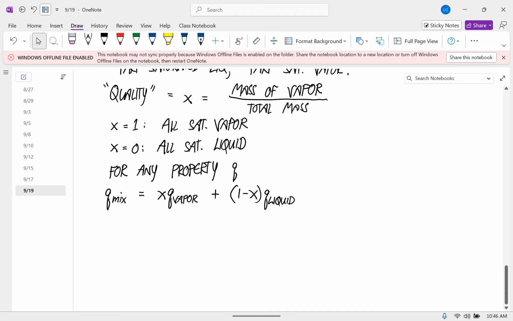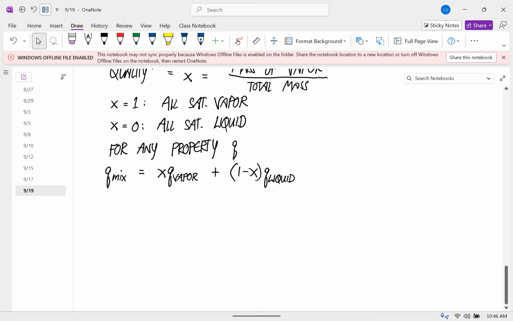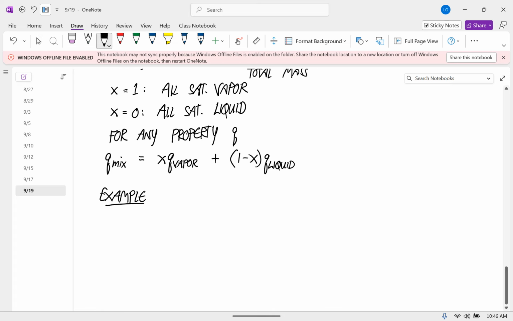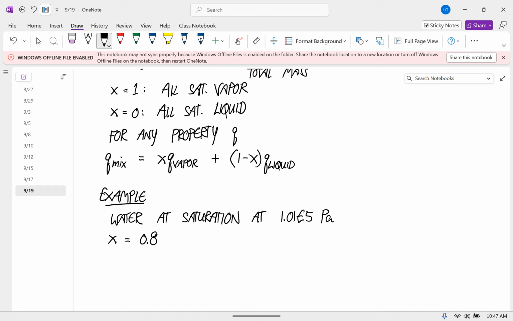Let's do a quick quality calculation. Say we have water at saturation at 1.01 times 10 to the 5th pascals, and the quality is equal to 0.8. So the vast majority of it is saturated vapor.